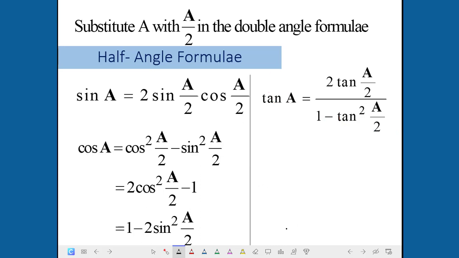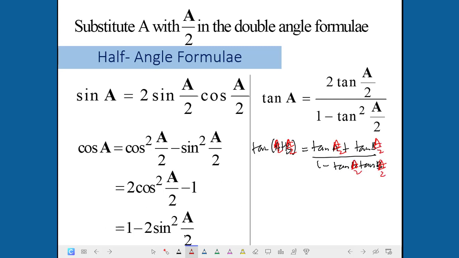So for tangent: starting with tan(A+B) is equal to tan A plus tan B over 1 minus tan A tan B. Now change both A and B to A over 2.